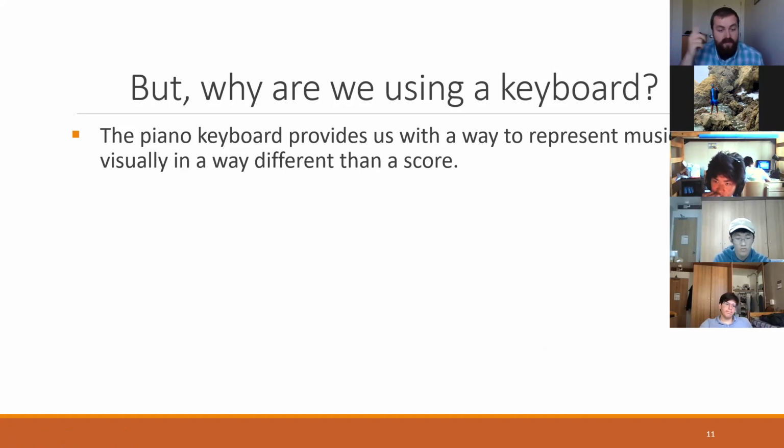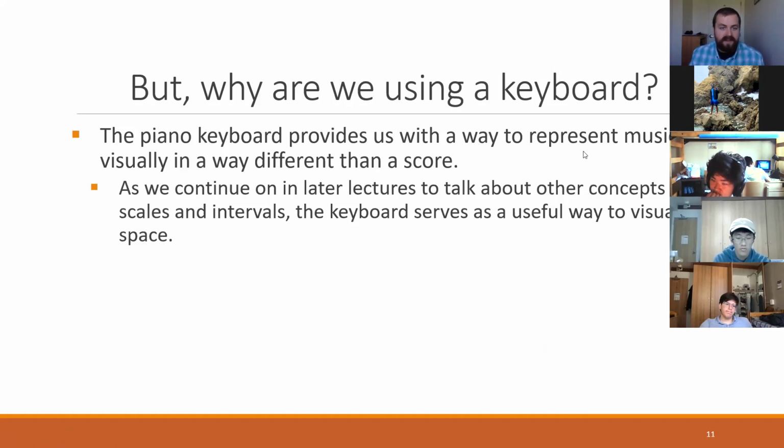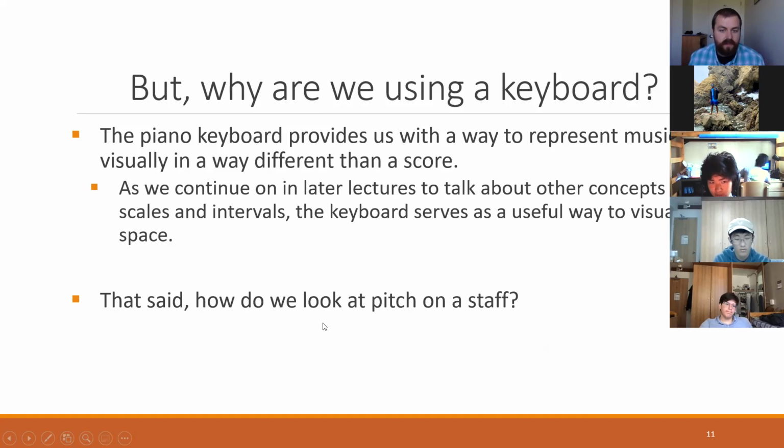Thinking of the piano, for a lot of people who are visual learners, it's a really easy way to think of it, because on a score, things are represented in a way that's more abstracted, whereas on a keyboard, it's very tangible, it's very physical. So as we continue later on to talk about other concepts like scales or intervals, the keyboard serves as a useful way to visualize space. Okay, it's basically just like a visual mnemonic. The keyboard was designed around our musical systems. So we can go in reverse and use the keyboard to help us reinforce musical systems.